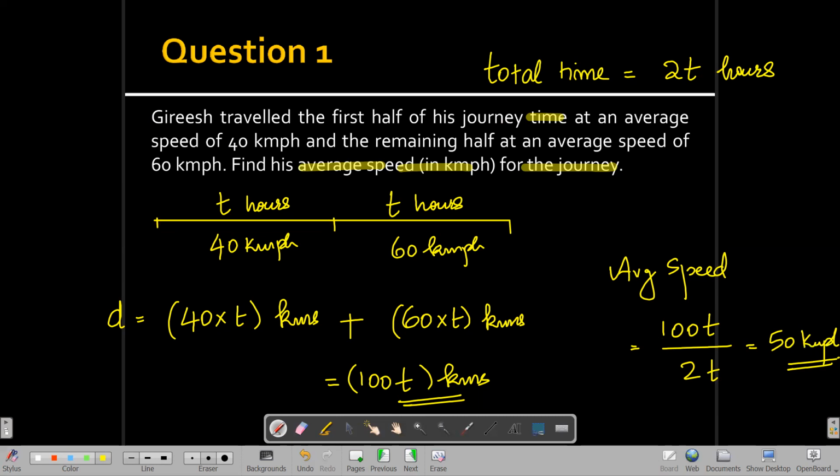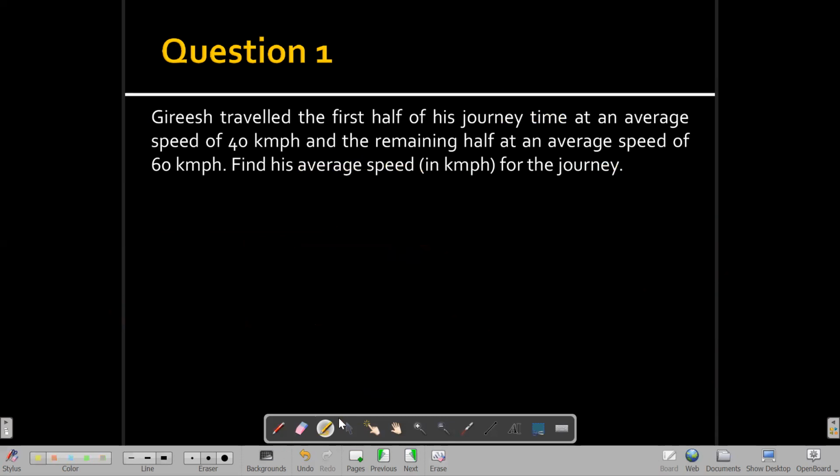By observation and through practice, you can even see that if the time remains the same, then the average speed of this entire journey will be nothing but the arithmetic mean of the individual speeds involved.